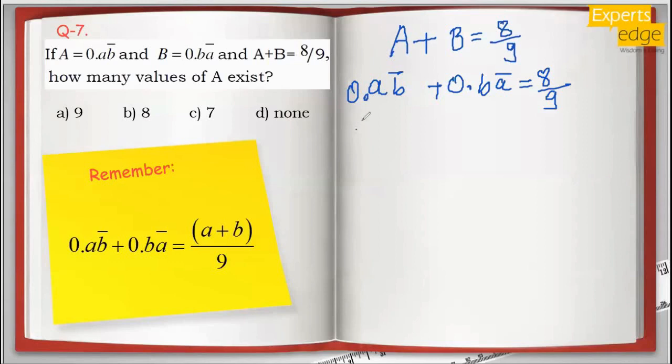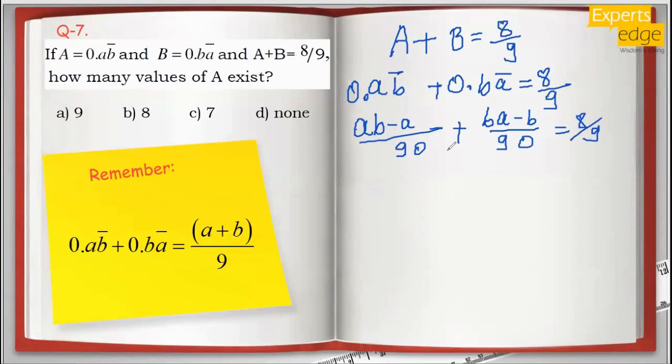So this I can write as (AB minus non-repeating, that is A) upon 90 plus (BA minus B) upon 90, which should be equal to 8 by 9. Also remember this is a 2-digit number.